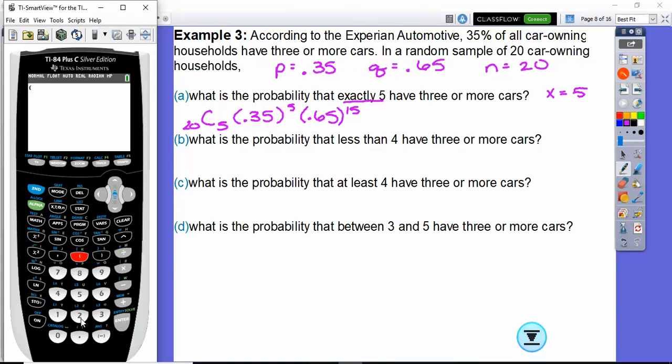So to plug this in, we do parentheses, and then you do 20. If you hit the math button, and go over to probability, the third thing down says nCr. So we want that one. So it's 20 choose, and then we want to choose 5. Then just close that parenthesis.